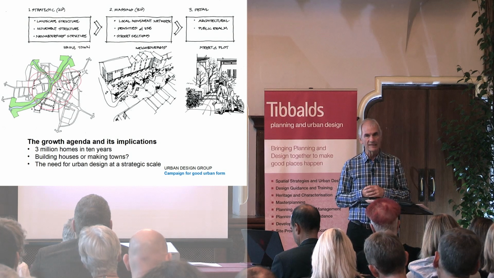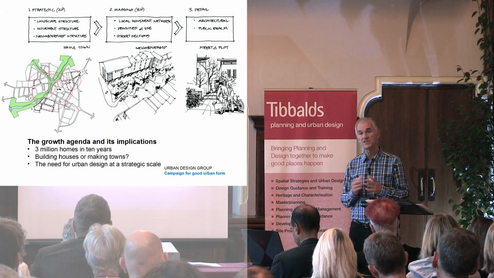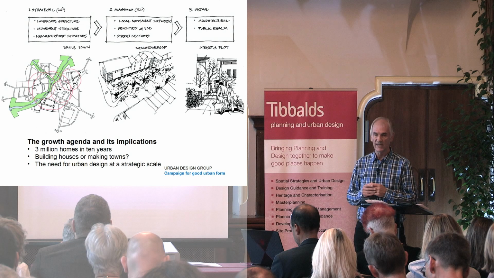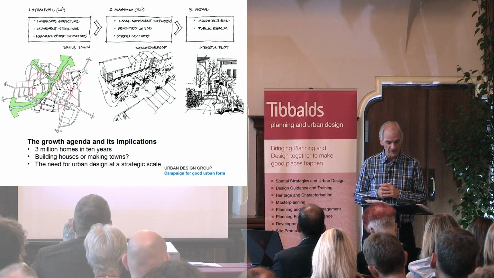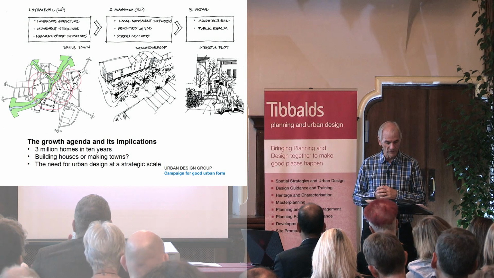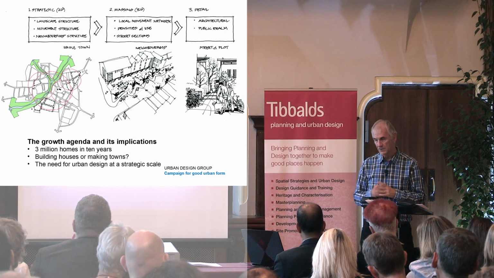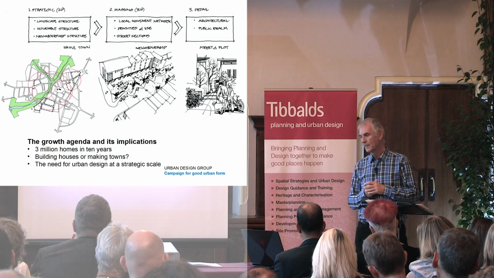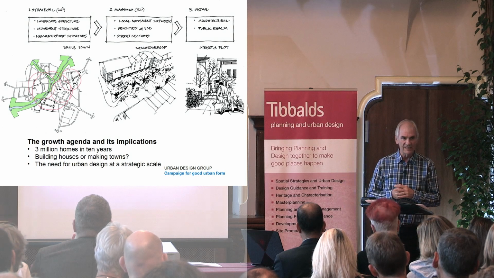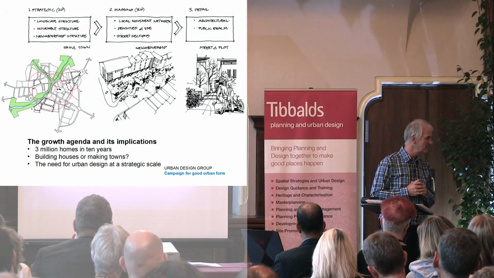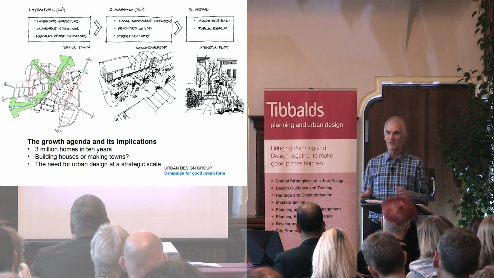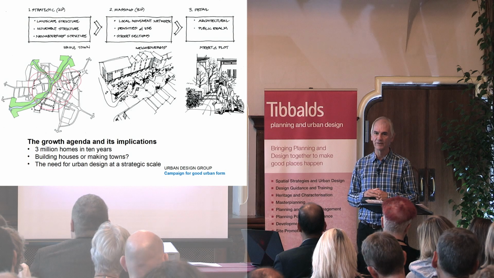Robert asked me to speak, and I spoke about the need for strategic frameworks for every town, every city, every district. There should be the need for a vision. And we actually wrote, the Urban Design Group wrote to the powers that be, and we asked for a new Section 3 in the NPPF, asking for this, and of course we didn't get it. But that is the target the next time round.